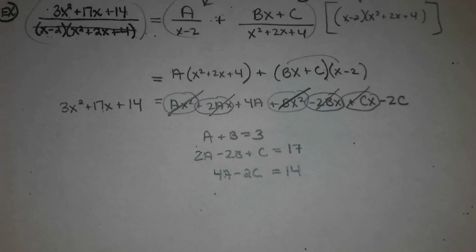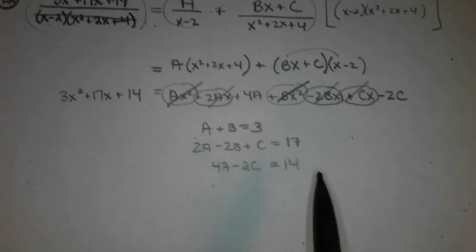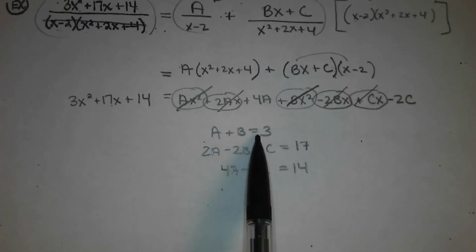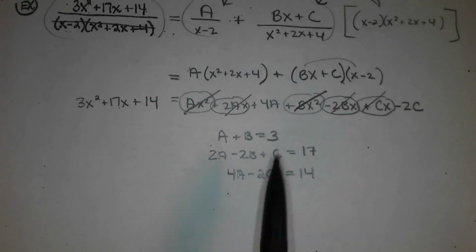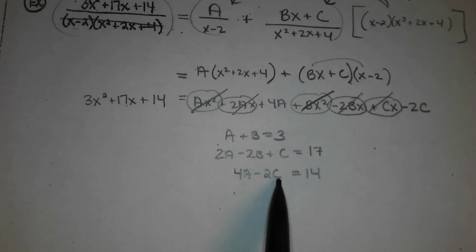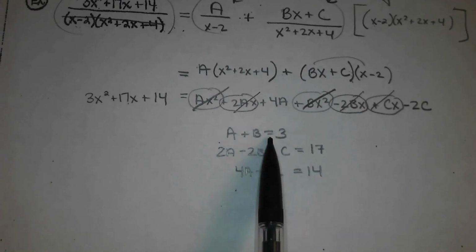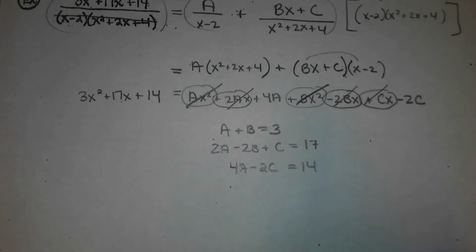System of 3 variables again. So we can either take advantage of the fact that the C is already gone in the first, or take advantage that the B is already gone in the third. Let's just say I'm going to take advantage of the fact that the C is already gone.